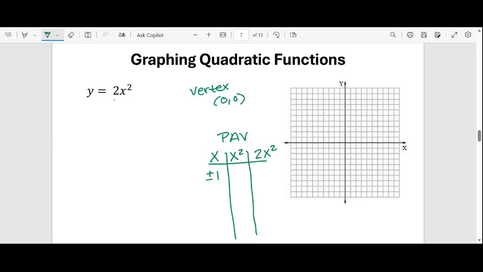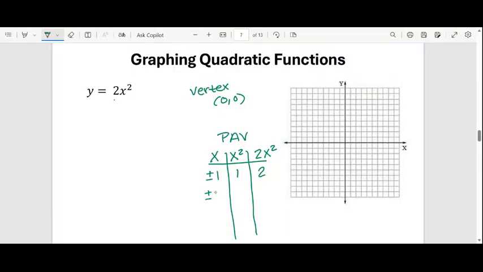So 1 squared is 1, and negative 1 squared is also 1. But now that we have this coefficient, we are going to multiply our x squared value by 2. So this value in the middle, the x squared value, which is 1, we're multiplying it by 2 to get 2 times x squared. So 1 times 2 is 2.